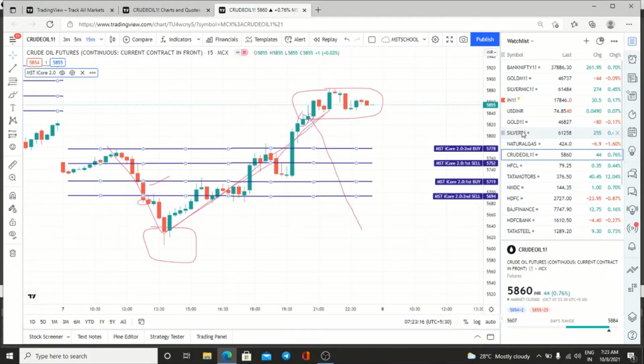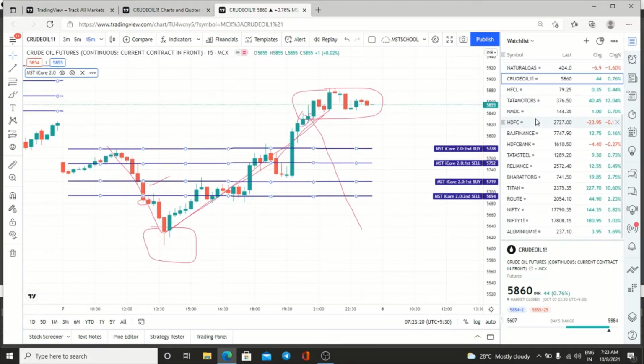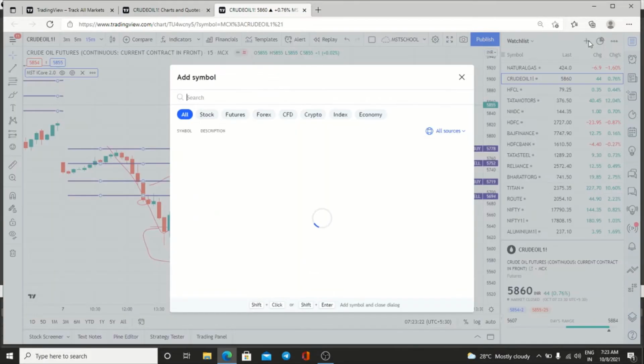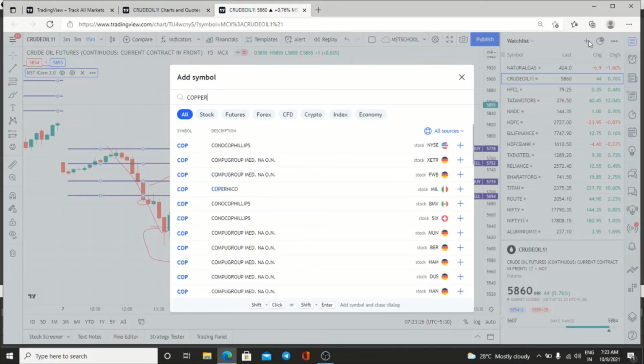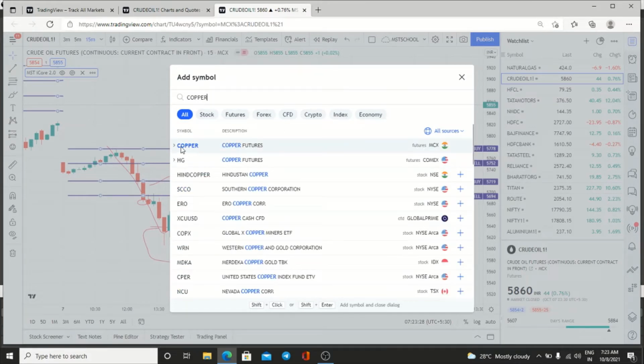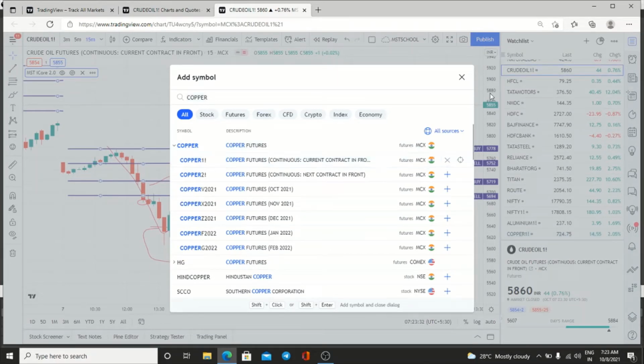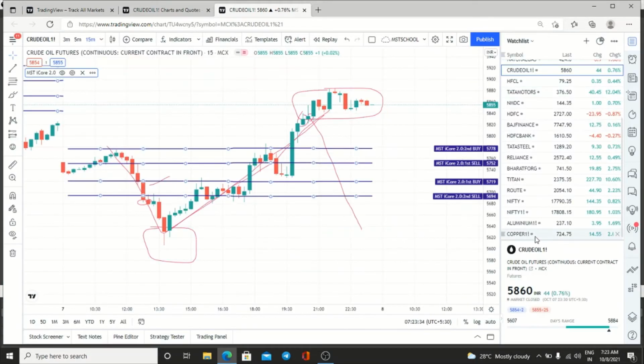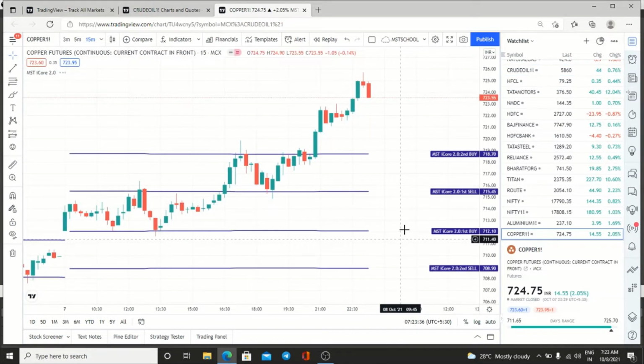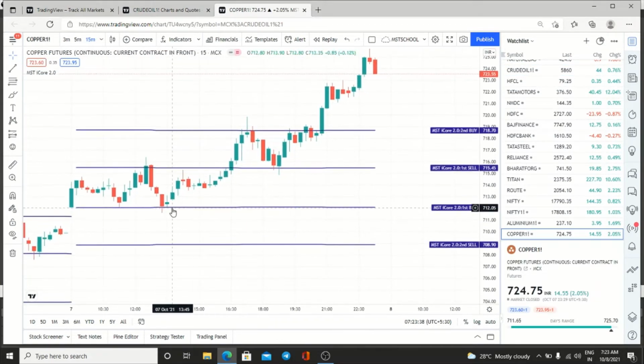Yesterday in copper we got the entry. Where is the copper? Copper, I will show you. See, yesterday in copper we got the buy entry here.